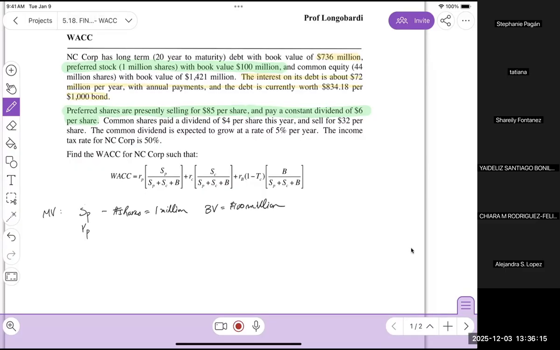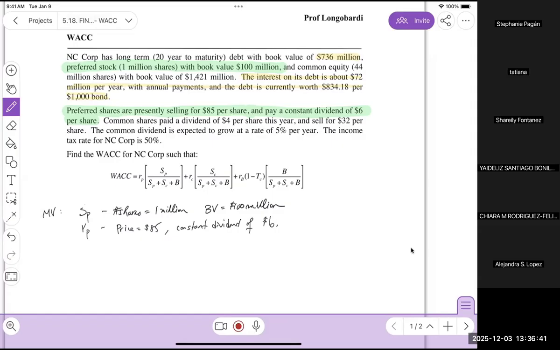Preferred shares are selling for $85 per share. And they pay a constant dividend of $6 per share.